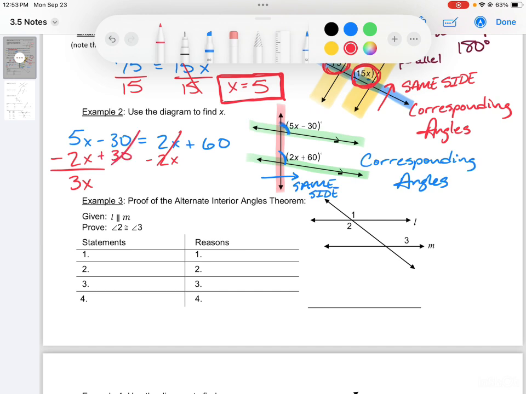And then I would need to take this negative 30 and add 30 to both sides. So I get 3x equals 90. I'm going to divide both sides by 3, and that would give me x equals 30. X equals 30 is my answer.